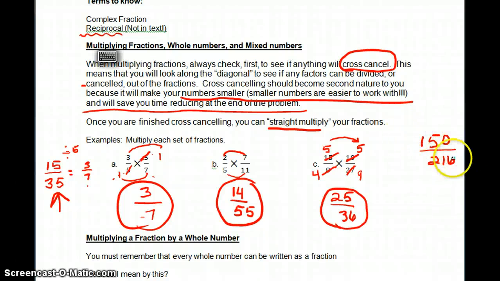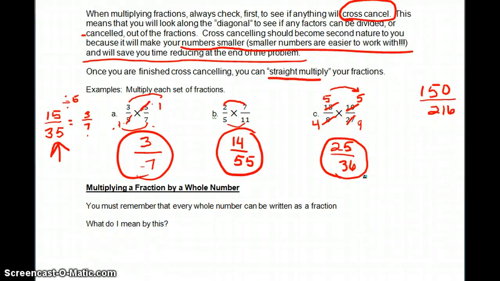And it's not as easy to cancel or to find a number that will cancel out of 150 and 216. So it's just nice to use cross-canceling when the numbers are nice and small like they are over here. So I don't know, what do you think? You can let me know your thoughts on that.